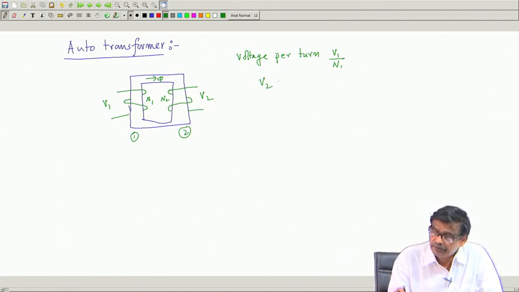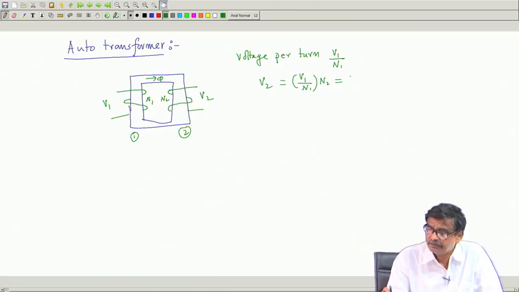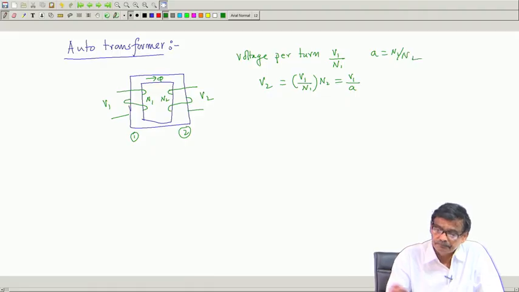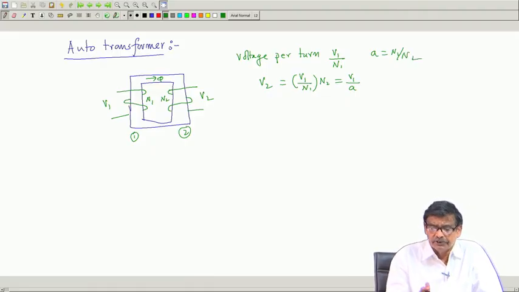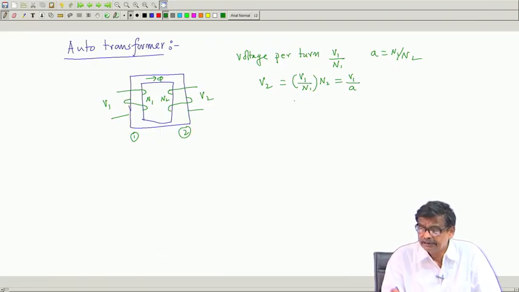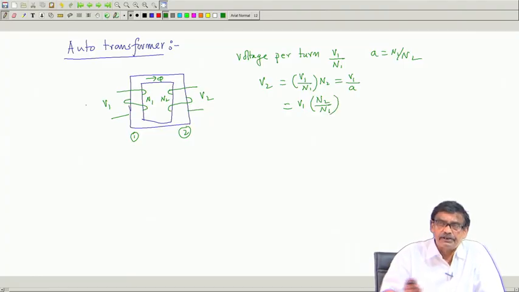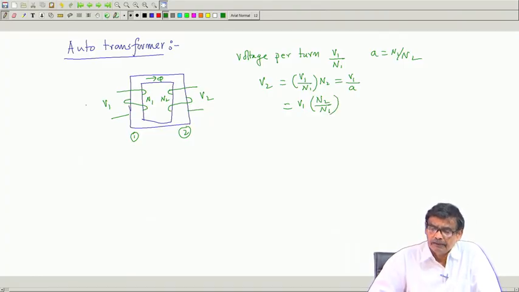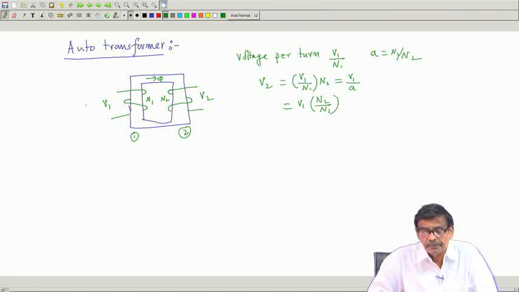Therefore, V 2 will be voltage per turn, that is V 1 by N 1 into N 2, and we know this is equal to V 1 by A. A is N 1 by N 2, whatever it is. So, you can then either step up or step down a voltage depending upon this ratio. V 1 may be stepped up or stepped down. So, this is one way of doing.